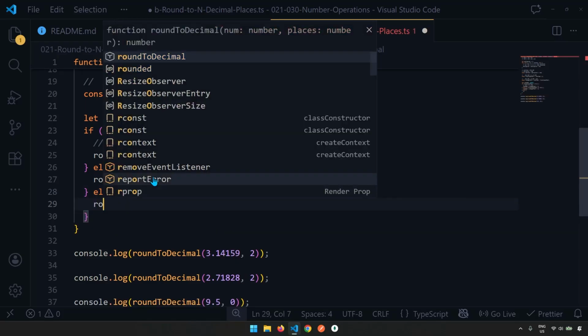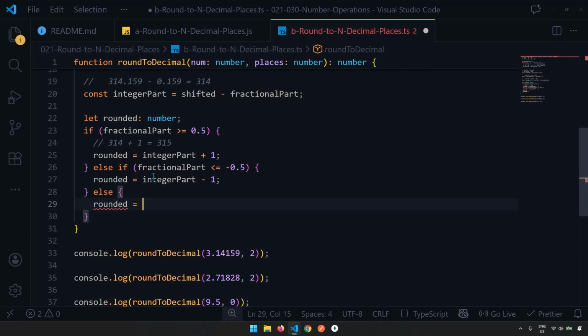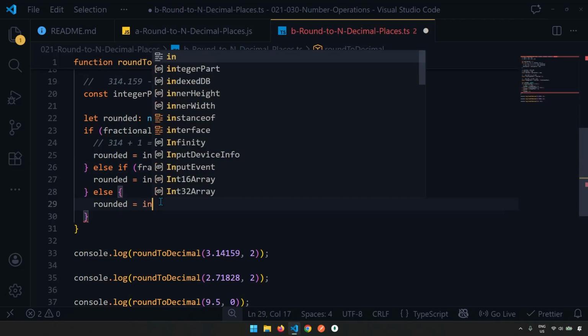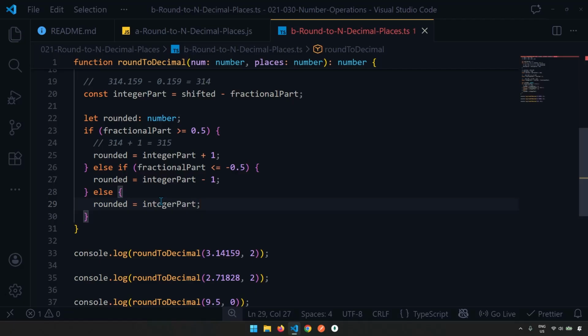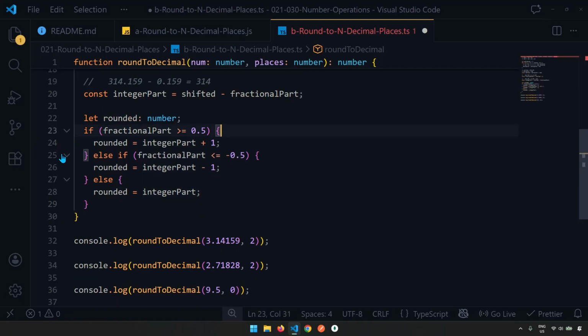And then if we don't round it up or round it down, right? So if the fractional part is not this, and it is clearly not this 0.5, this minus 0.5, rounded is going to be the integer part itself. In our current scenario, we know that this doesn't apply, so I'm going to get rid of that.